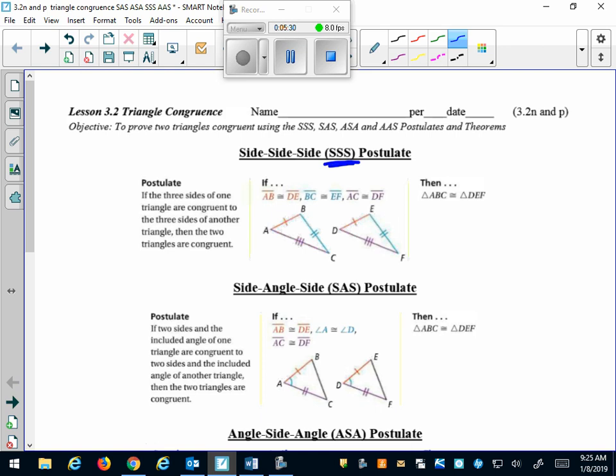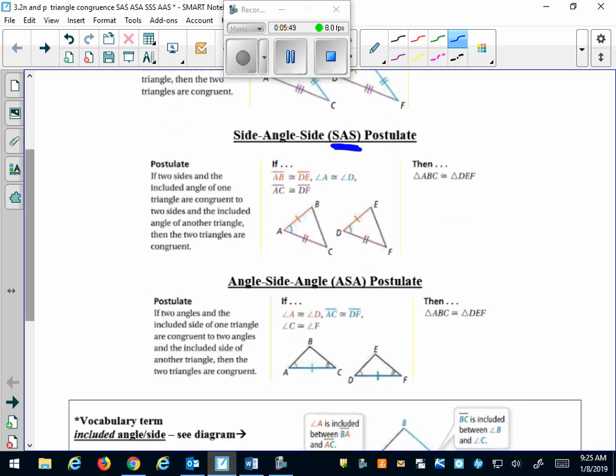Okay, the next shortcut postulate is SAS. The S's stand for side, the A's stand for angle. So SAS is the side-angle-side postulate. This one says that if in 2 triangles, you know 2 pairs of sides are congruent, right?